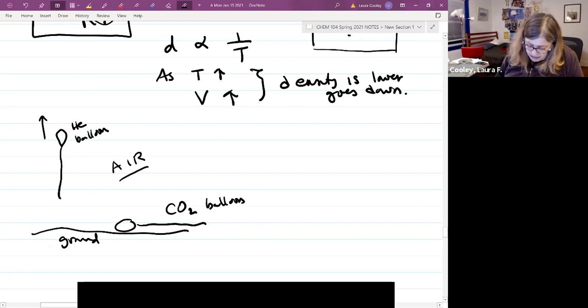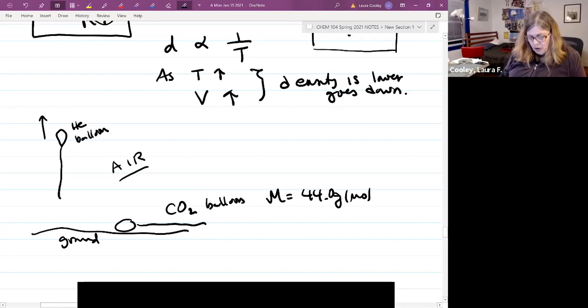So we have CO2 in here. CO2 has a molar mass of about 44. Let's call it 44.0. Then we'll be ready for tomorrow's lab. Air, on the other hand, well, actually, we're going to do a problem about the molar mass of air, but it's got kind of an in-between density, whereas helium is 4 grams per mole.